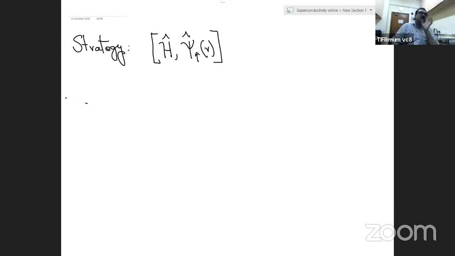The first way is to take the second quantized Hamiltonian in the way we have derived it before, and the second way would be to evaluate this commutator with the second quantized mean field Hamiltonian that we have just gotten in terms of the first quantized Hamiltonian.